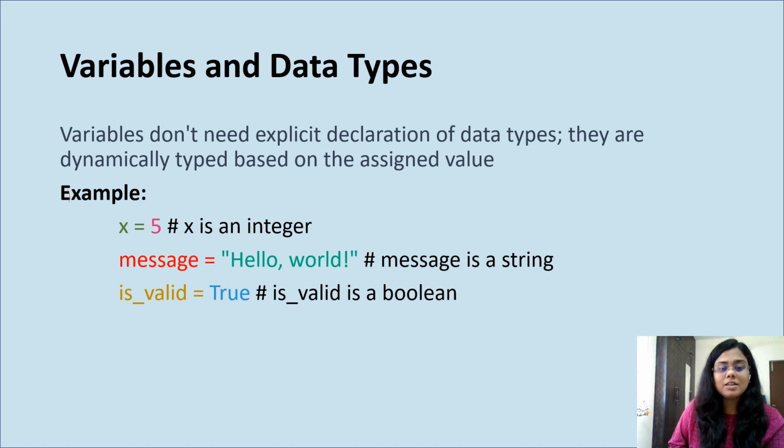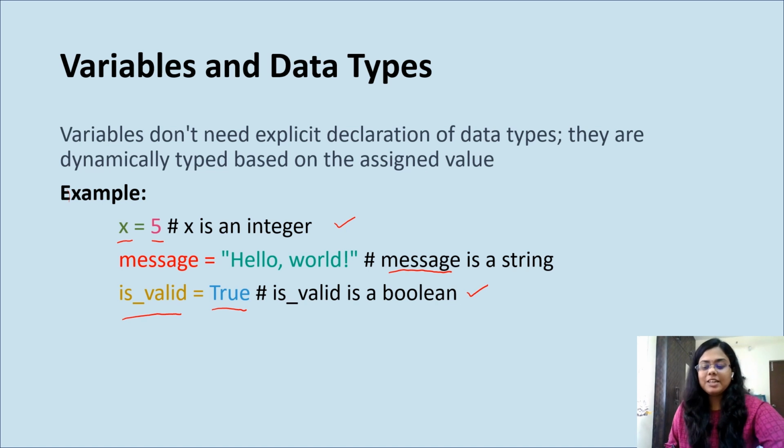Here, for x equals 5, x now has the value 5, which makes x an integer. And message is a variable assigned with the string value hello, which makes the message variable a string. Here is_valid is assigned with True, which is of Boolean data type, and hence is_valid is automatically a Boolean. Let us go to the next.